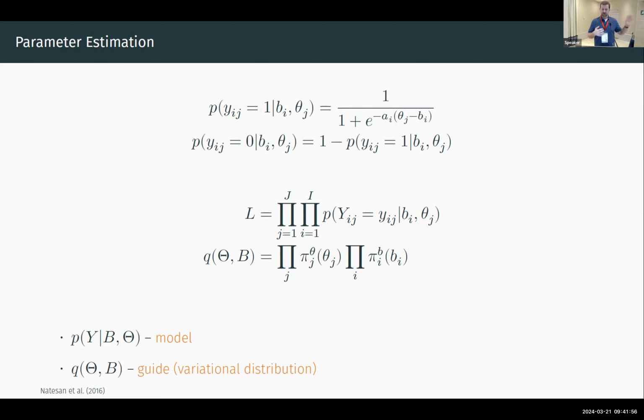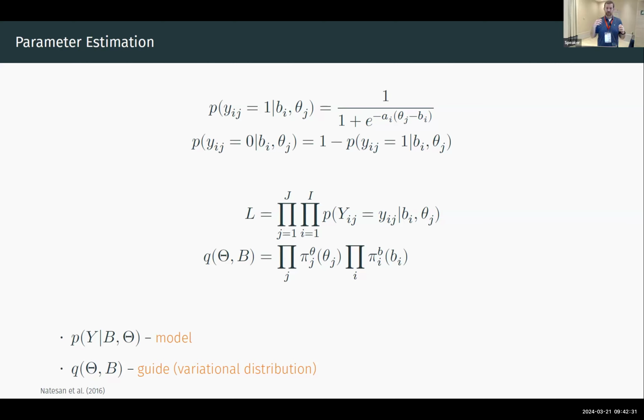So what we do is we define our model as we've seen in the past few slides. And from our collection of items that have been responded to correctly or incorrectly, so it's a binary data set, either 1 if it's correct, 0 if it's not, for our subjects, we can create this likelihood here across all of our items and all of our subjects. And then we define what's called a variational distribution or guide distribution. It's called a guide in the code, more traditionally called a variational distribution, that approximates those model parameters.